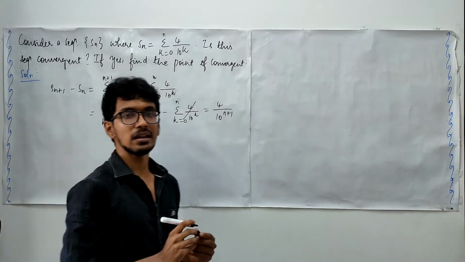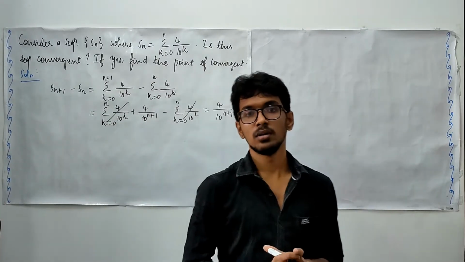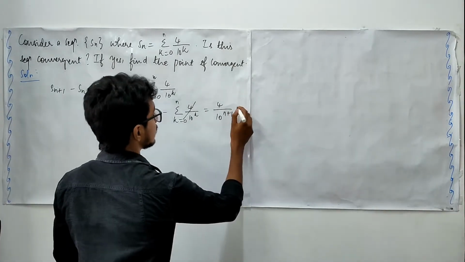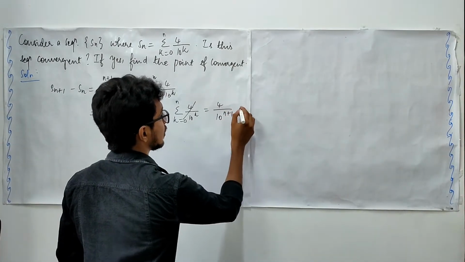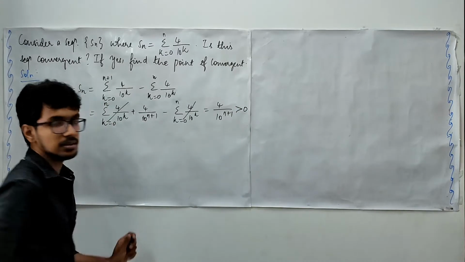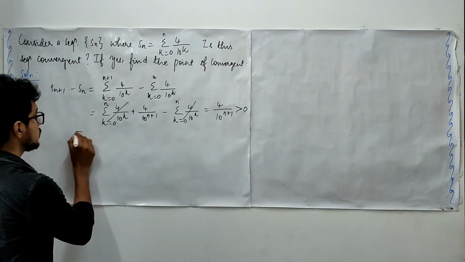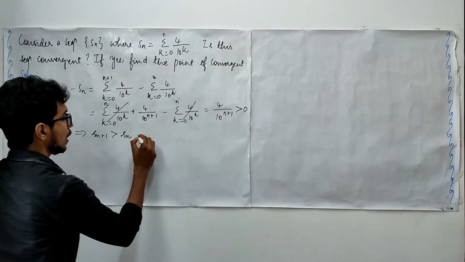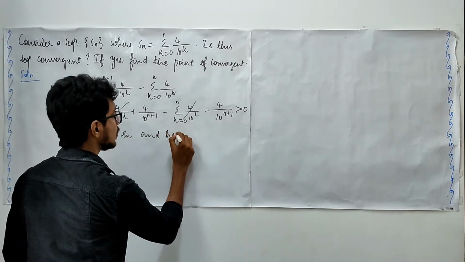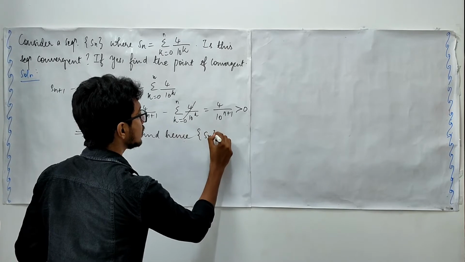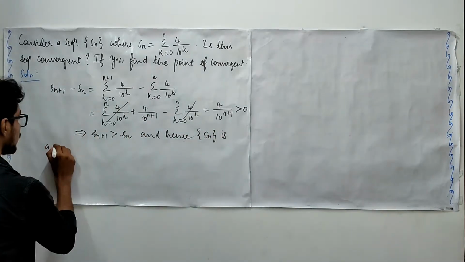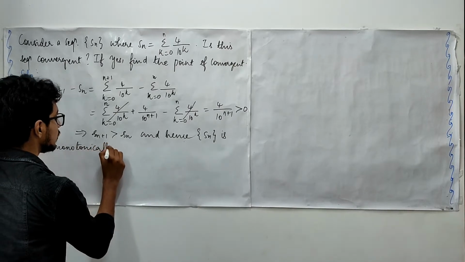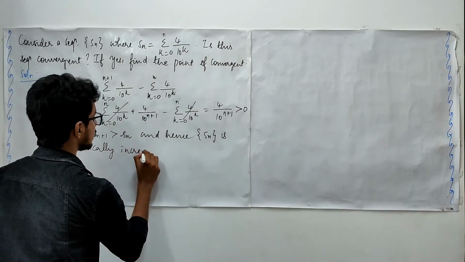This n can take any value in the set of integers. Hence, this is a positive quantity, which means we have Sn plus 1 bigger than Sn, and hence Sn is a monotonically increasing sequence.